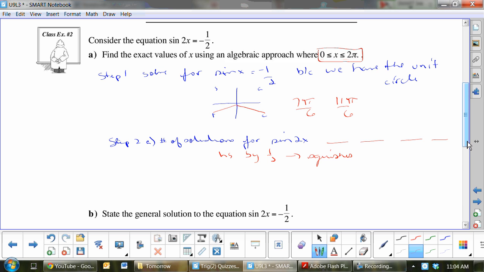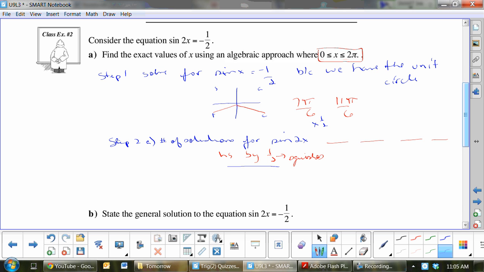Now, the question would be, how do I find the first one? Since it's a horizontal stretch by 1/2, what would be the first one? What do I do to 7 pi over 6 to get the first one?